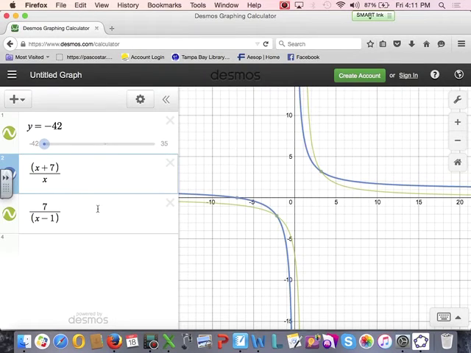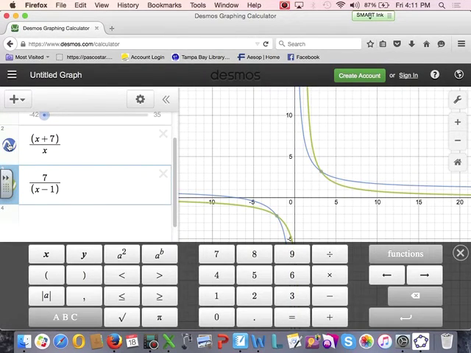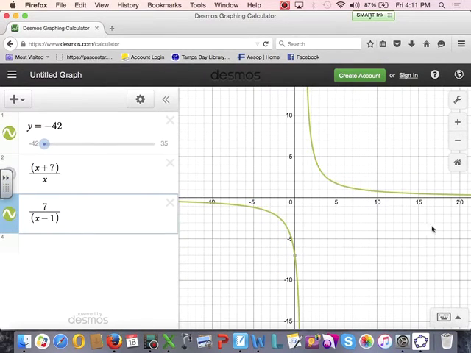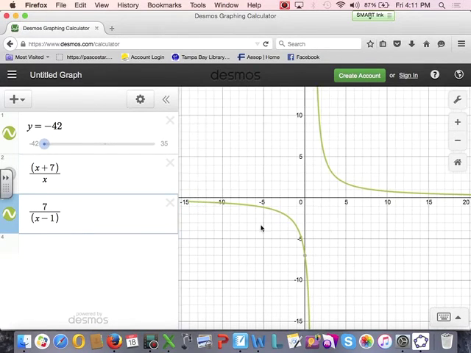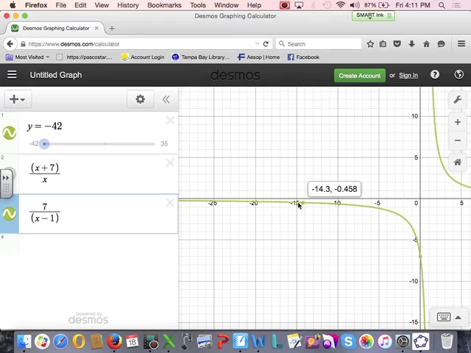Let's take a look. So my inverse is this green one, and in my green one, what I'm trying to determine is if my range, my y values, cannot equal 0. So I'm just going to pick a point and drag it over. And notice that as I'm dragging it along, it sure is getting closer and closer to 0, but it never seems like it's going to get there.